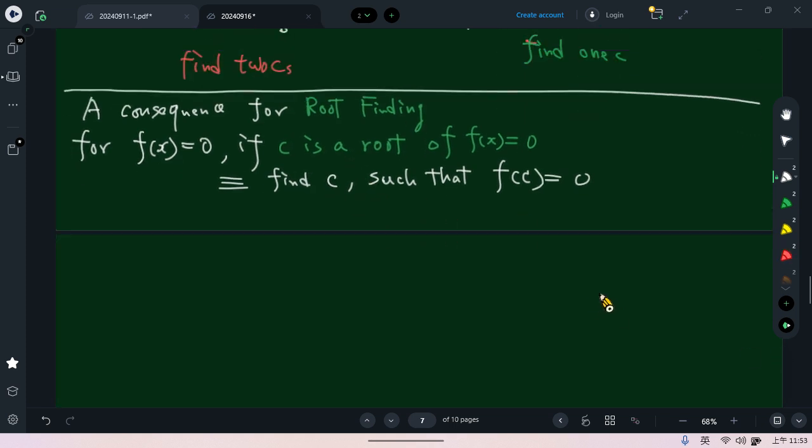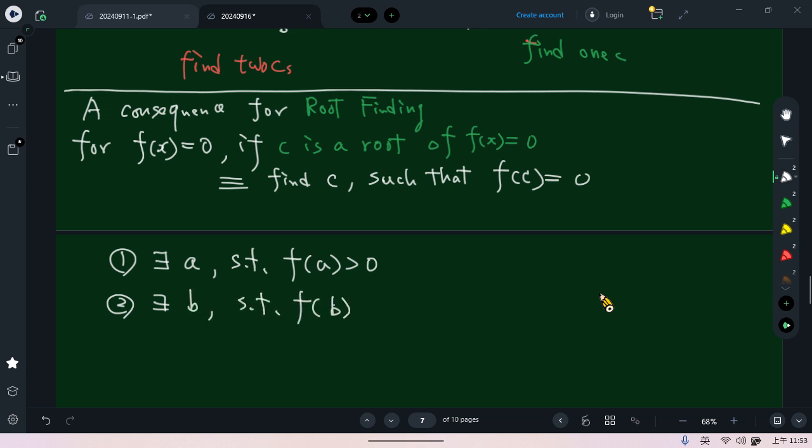So if we want to find this c, the first step is to try to find A such that f of A is positive. Then we also try to find the other end, B, such that f of B is less than 0. So between positive and negative, 0 is an intermediate point between a positive number and a negative number.